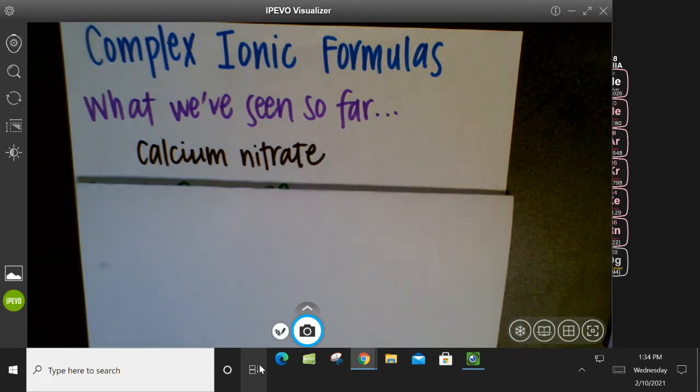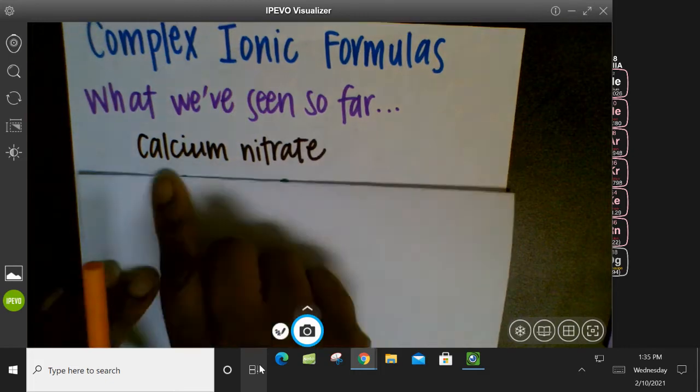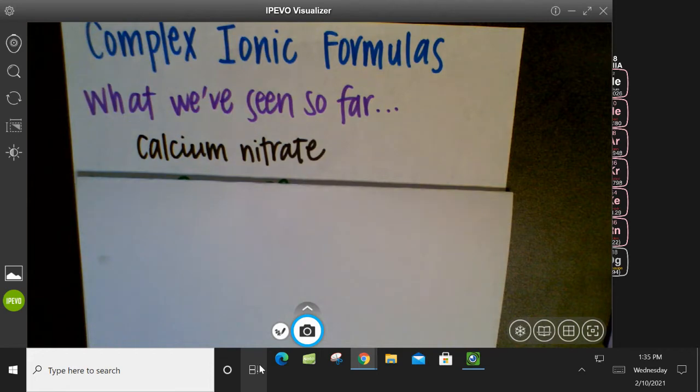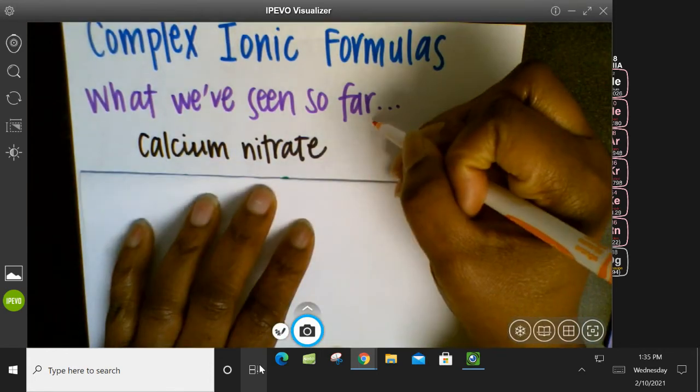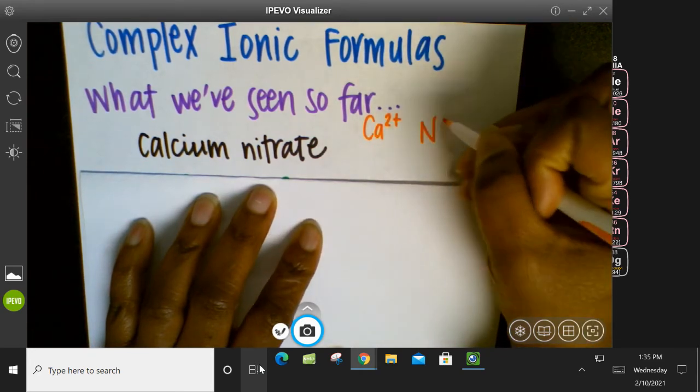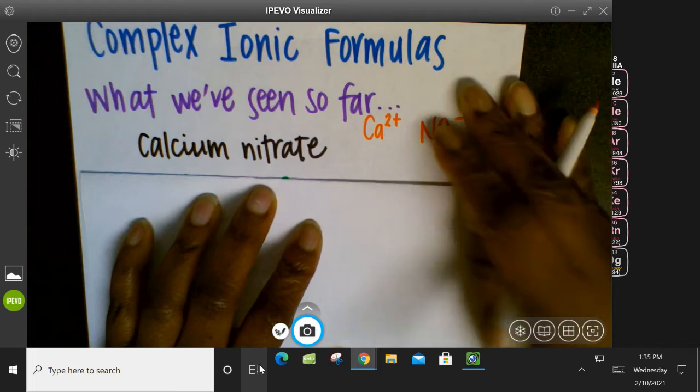Following along, if we look at what we've seen so far, you have the name calcium nitrate and you go to your ionic charges chart. For calcium you see Ca2 plus and nitrate is NO3 -1.